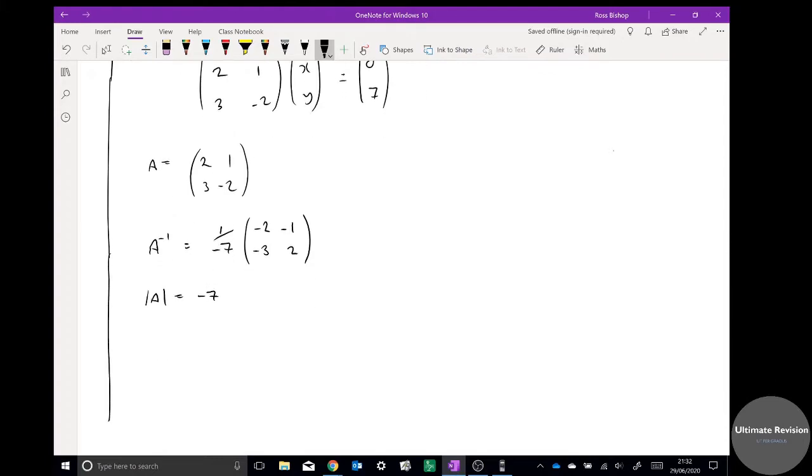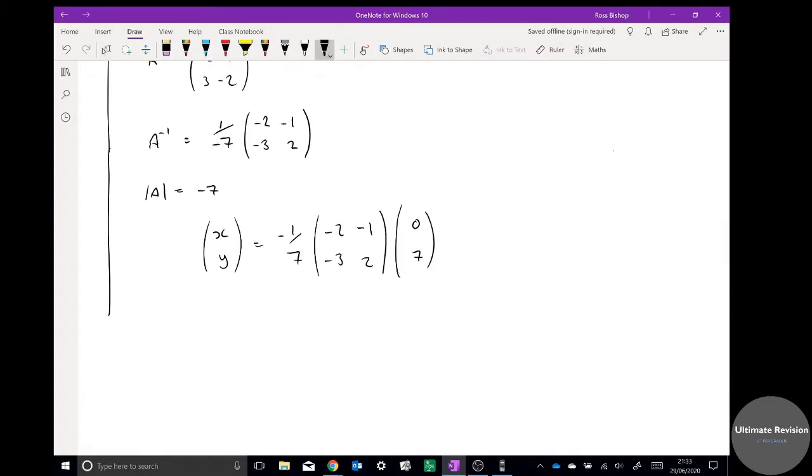And then all I need to do to work out x, y is take the inverse, which is minus a 7th times the matrix minus 2, minus 1, minus 3, 2, multiplied by that vector we had on the right hand side, which was our answers. And that should give me the answer.